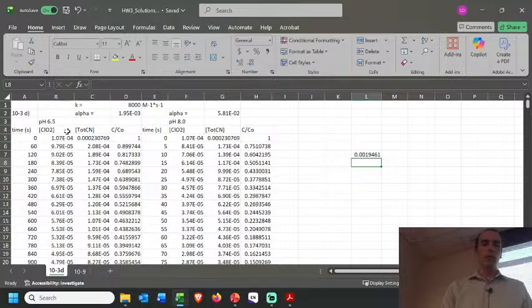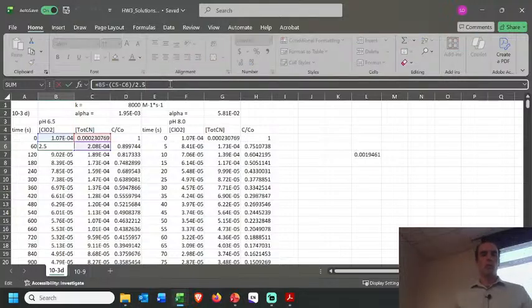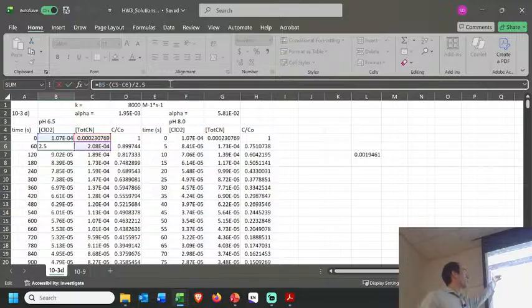So I went ahead with the Excel approach. I have ClO2 and a total CN minus concentration. We have the alpha fraction that we calculated and the new one here. We have our rate constant and the 2 different pHs. Now, if we set this up to calculate the change in chlorine dioxide with every step, that'll be a change according to what we had minus the reaction that occurred.